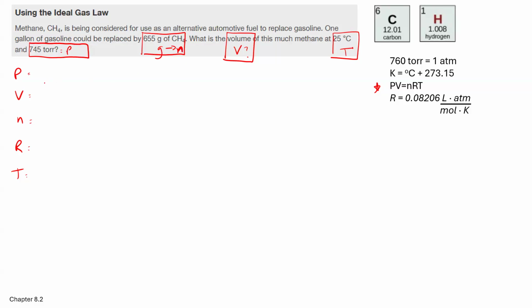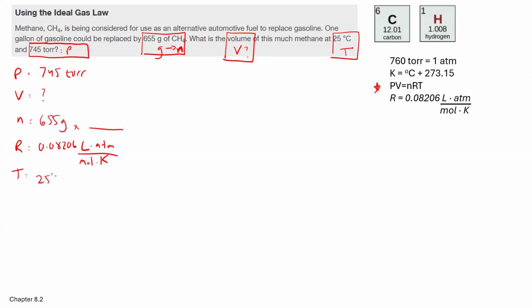So then we have pressure, 745 torr. We're looking for volume. We don't have moles, but we have 655 grams, and we're going to change that into moles. We have R, 0.08206 liters ATM over moles Kelvin.